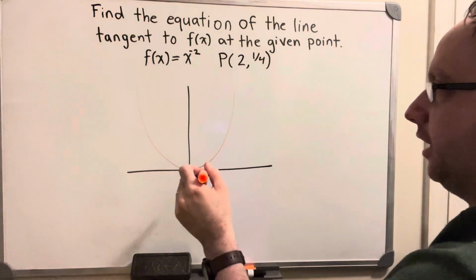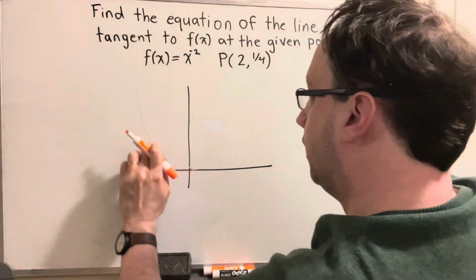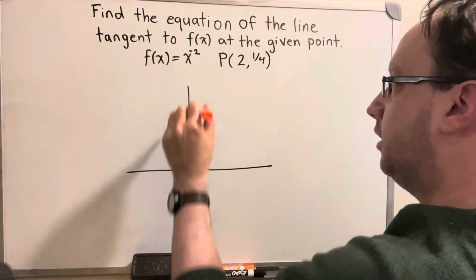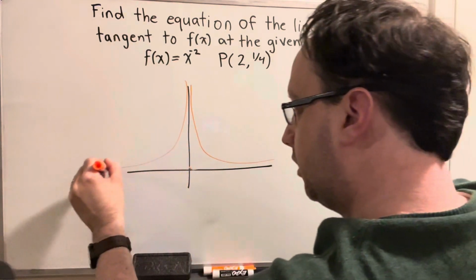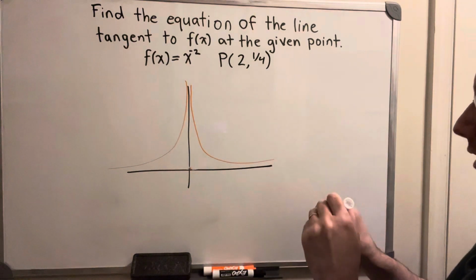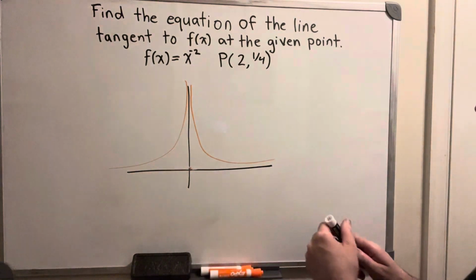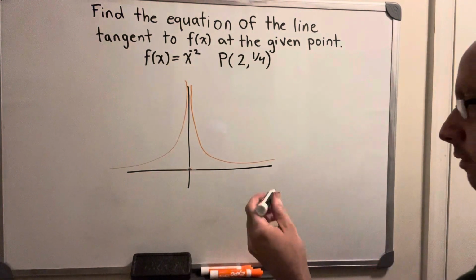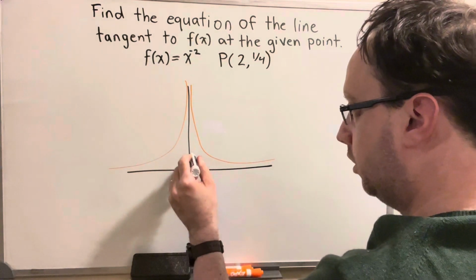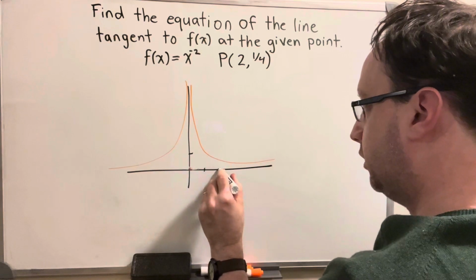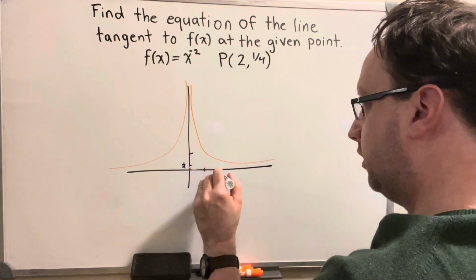And if we invert that, it'll look like this. And we have 2 and 1/4. Let's say that this is 1, and this is 2, and this is 1/4. This is 2.